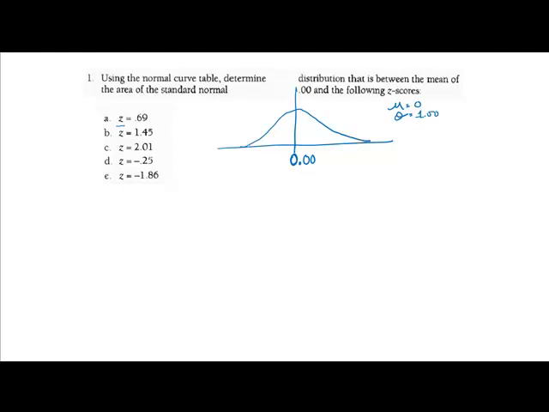So we started at 0. If we're given a z-score of 0.69, we are asked to find the area of the curve that is between the mean and this number. So this is the amount that we're looking for here.